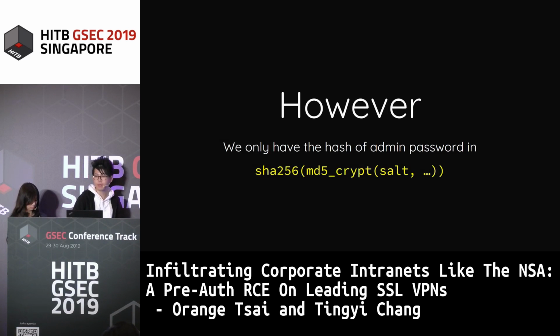However, the last problem is that we don't find any manager's plaintext password in the cache. Practically, most managers only log into their system the first time. The only thing we have is the password hash in MD5 crypt and SHA-256 format.